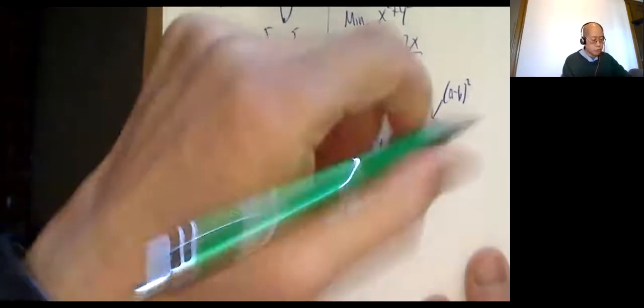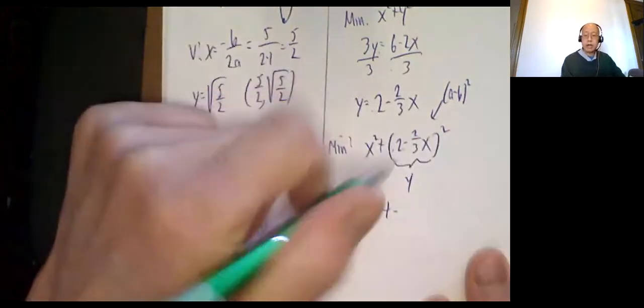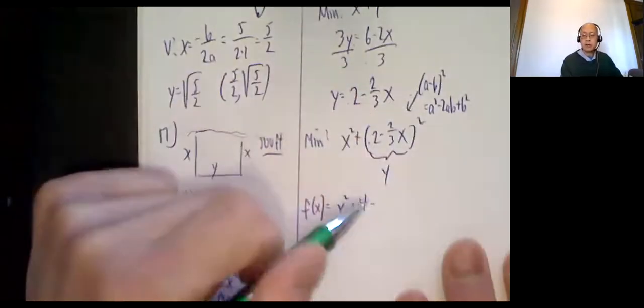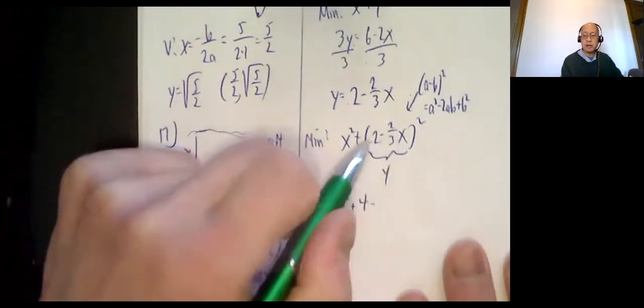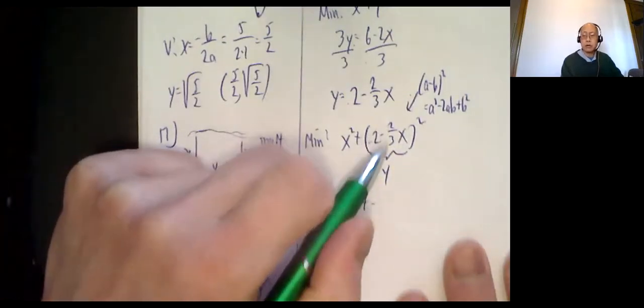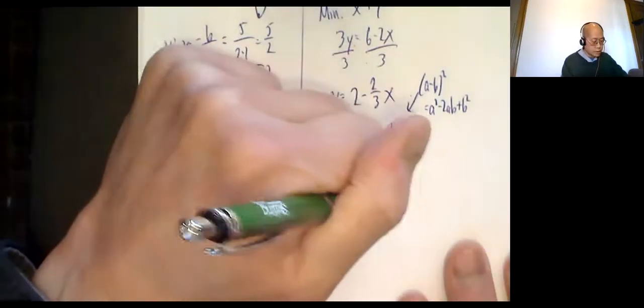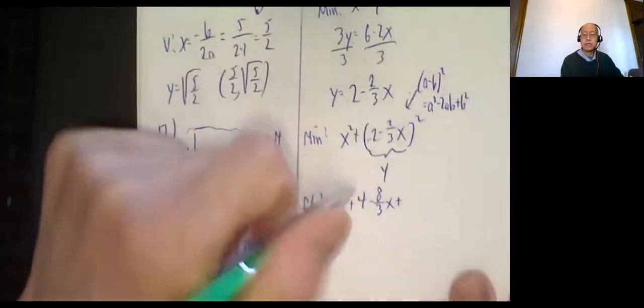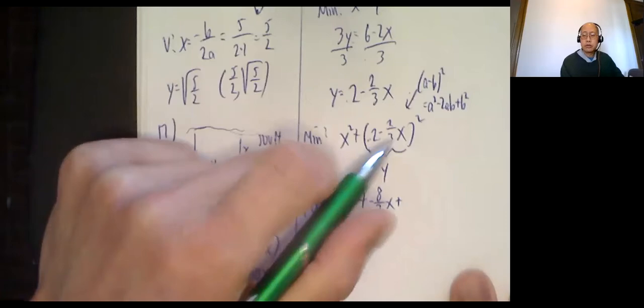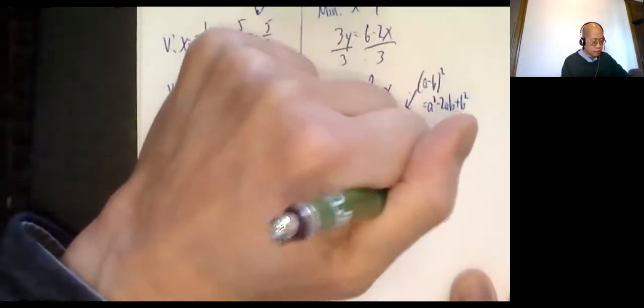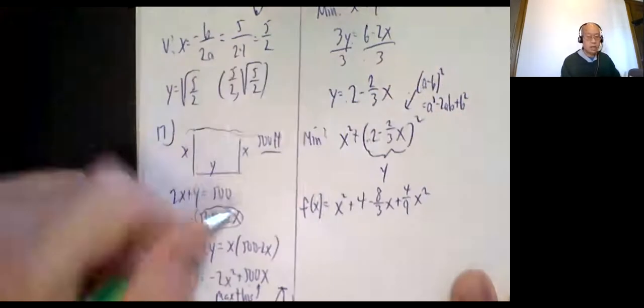So it's 2 squared, which is 4, minus 2ab. Remember this is a squared minus 2ab plus b squared by shortcut. So minus 2 times a times b. 2 times 2 is 4. 4 times 2/3 is negative 8/3 x plus b squared. 2/3 x squared is 4/9 x squared.